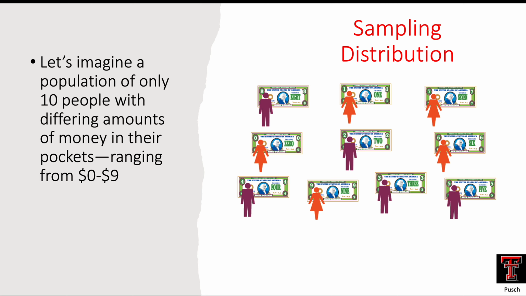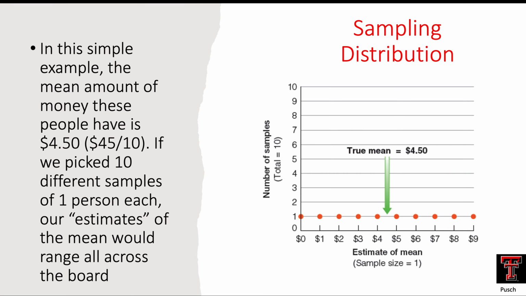Okay. So we're going to talk a little bit about sampling distributions now. Let's imagine a population of only 10 people with differing amounts of money in their pocket ranging from 0 to 9. This is just to demonstrate that if your sample is 1, you're really not going to have a very good idea of what your actual mean, or the middle value, is.